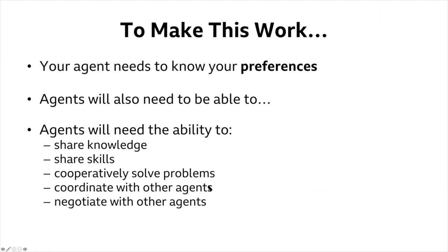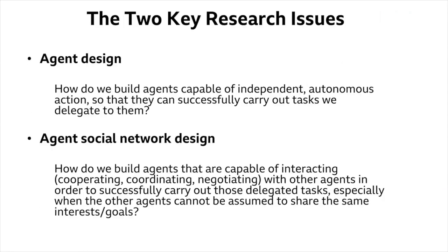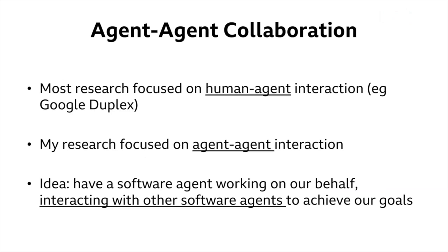The idea that my Siri will interact with your Siri. That's the dream of agent-to-agent collaboration. To date, most work on agent interaction is focused on human-agent interaction. I'm interested in agent-to-agent interaction, the idea of having software agents that work on our behalf, interacting with other software agents to achieve goals.